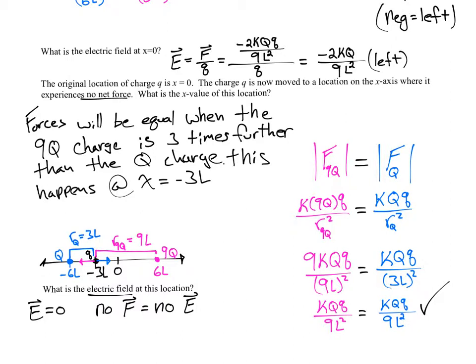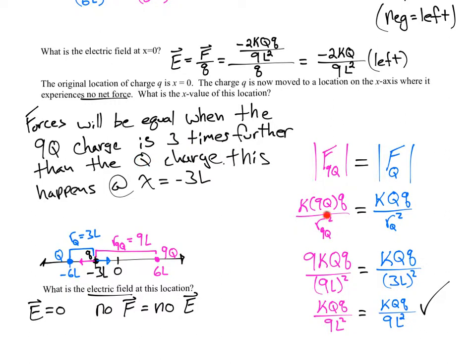And there is an algebraic way to figure this out, but it's kind of complicated, so I'm taking a conceptual approach. The forces on the little charge q will be equal when the 9Q charge is 3 times farther away than the single Q charge.